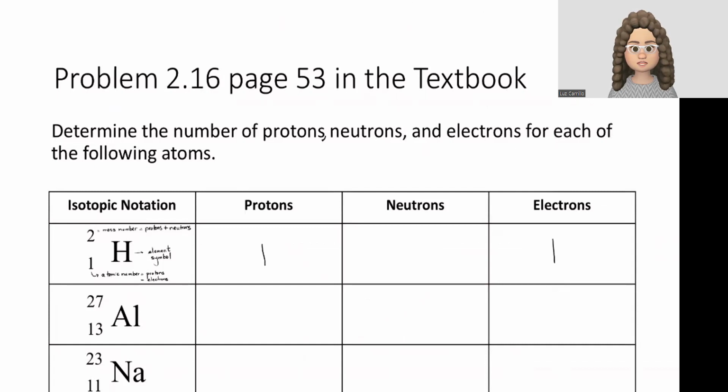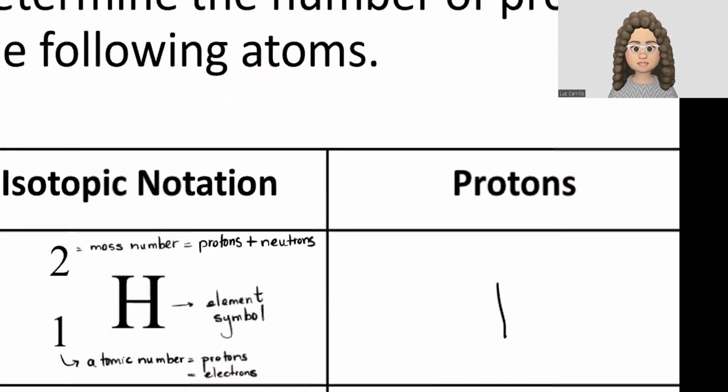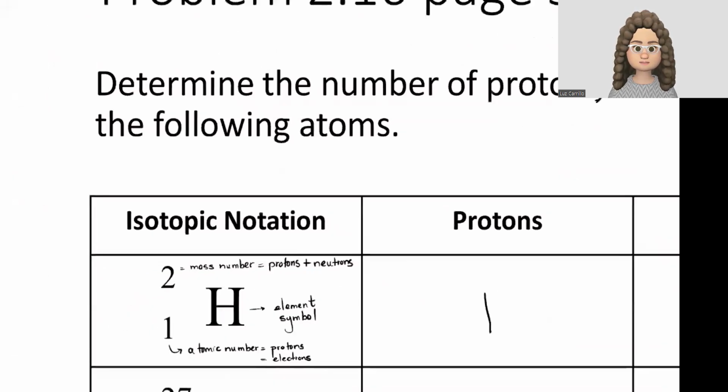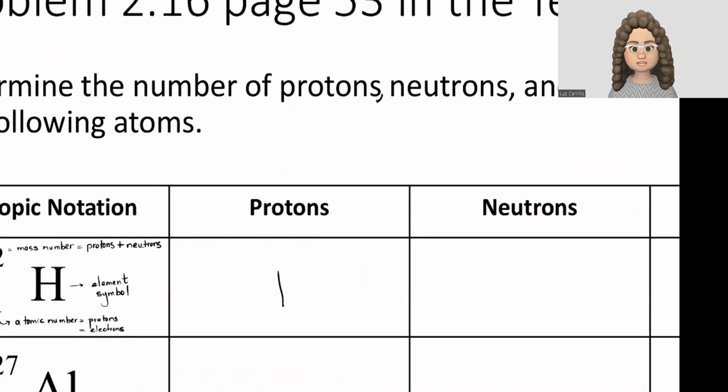To get the neutrons, we can actually rearrange this equation in order for us to solve for the neutrons. The neutrons, in essence, are going to equal the mass number minus the number of protons. And remember that the number of protons, in essence, is going to be the atomic number.